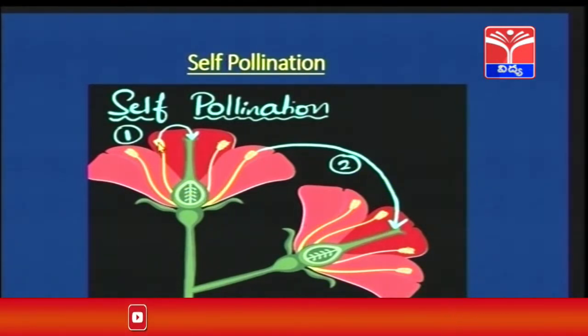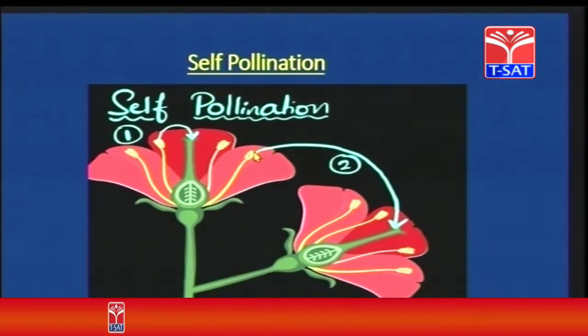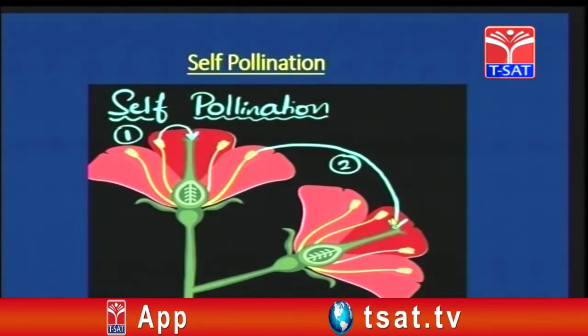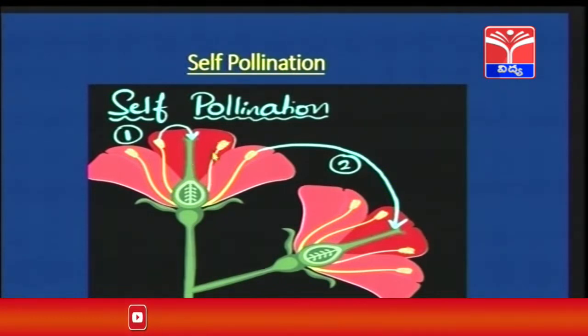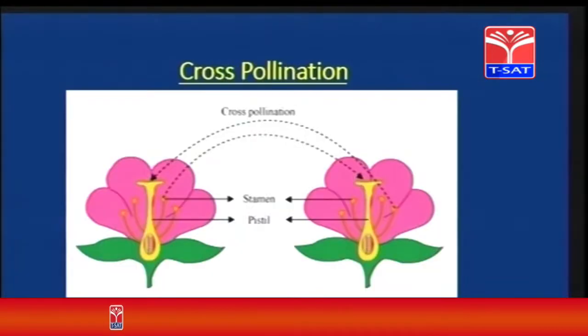That the pollen grains from anther to stigma will transfer on the same flower, and the pollen grains from one flower will get transferred to the stigma of another flower on the same plant. That means the pollination process is taking place on the same flower or on a different flower in the same plant. This is nothing but self-pollination.